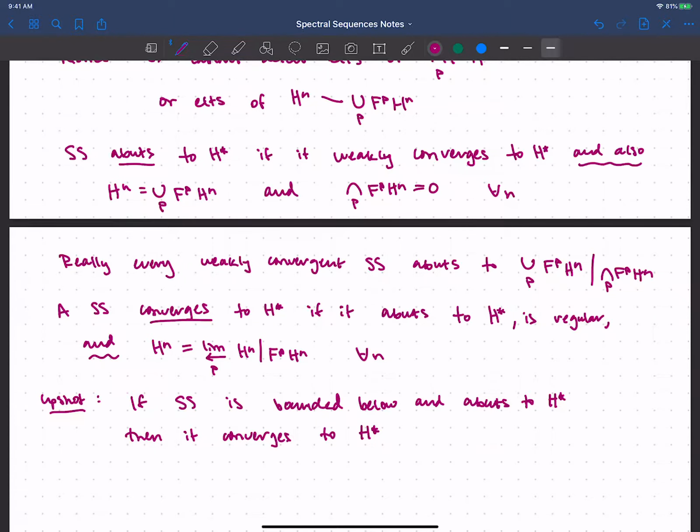And then the last piece is that for this thing to converge, we need this inverse limit condition. But if we have our spectral sequence bounded below, remember that even at the rth page for large r, our E_pq terms will vanish for certain p degrees, and so that's going to give us that this inverse limit condition is satisfied automatically.